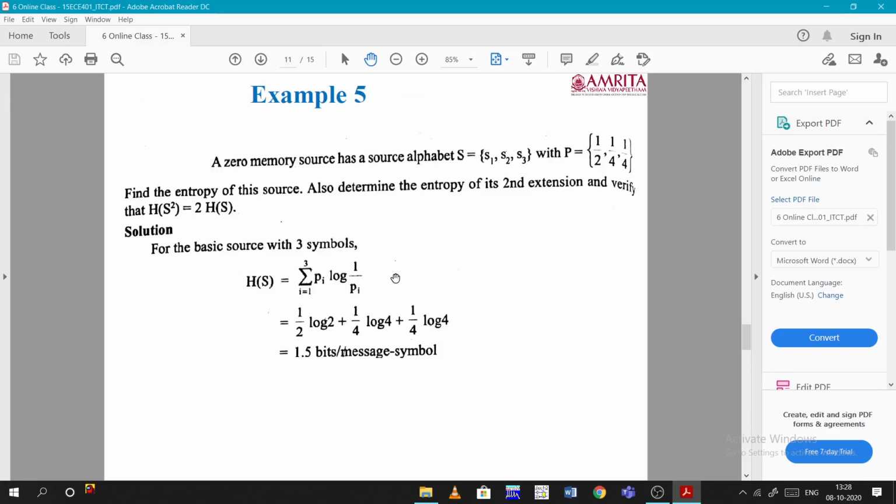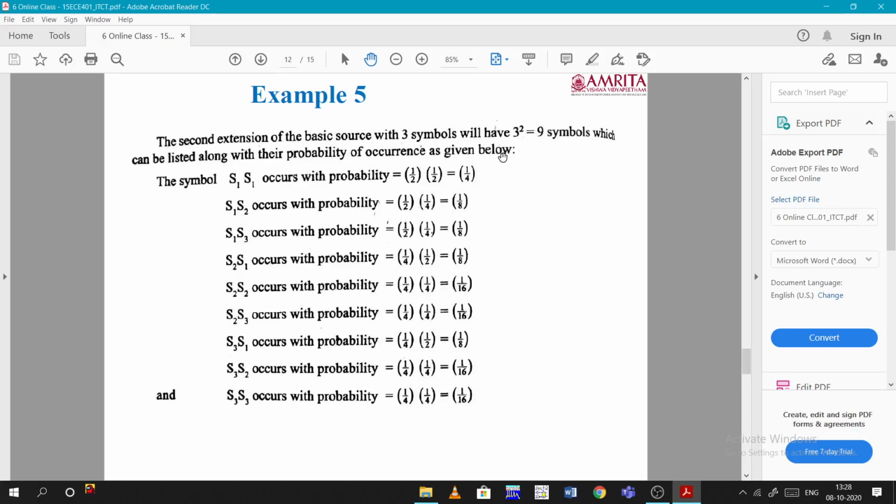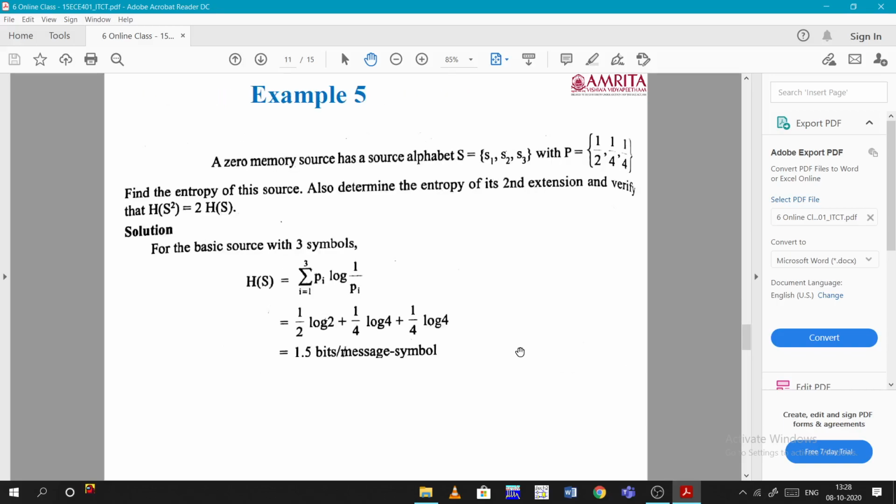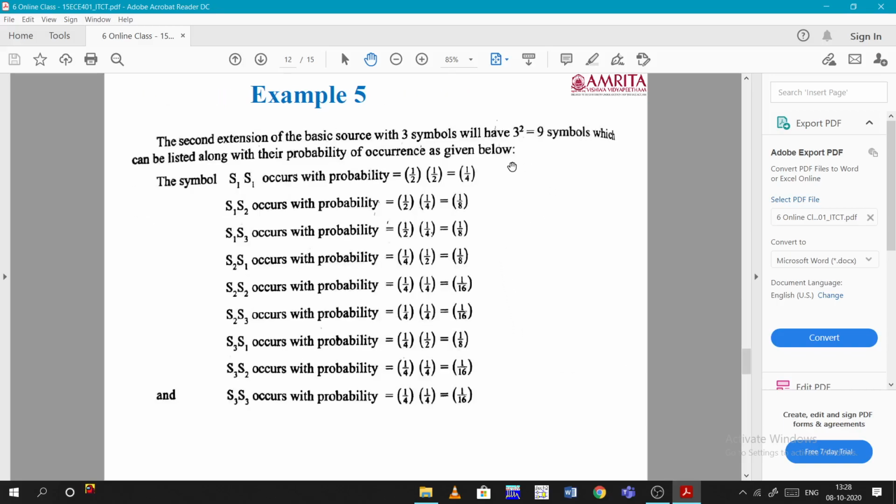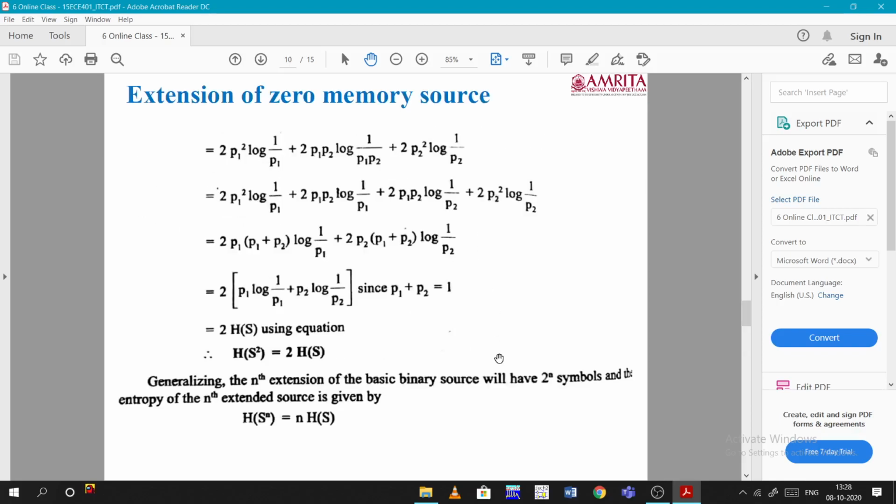So the same thing, no new thing is there. To write this generalized formula, rather than that, we can say that for 2 symbols it is 2 power n symbols, right?